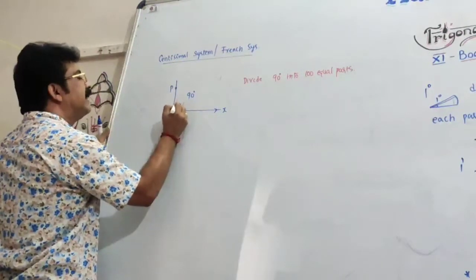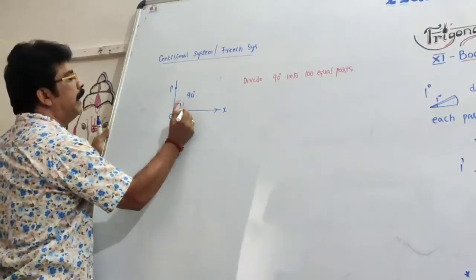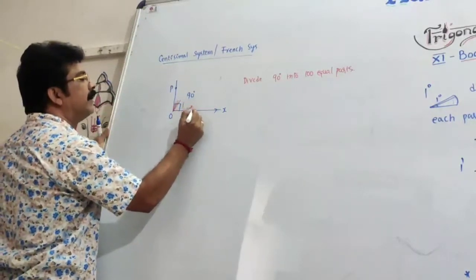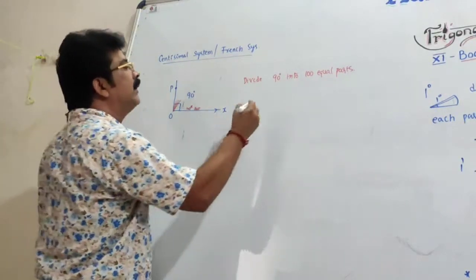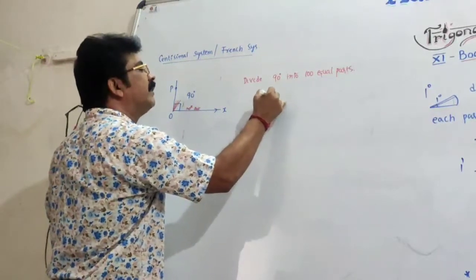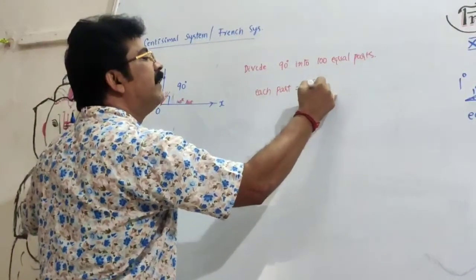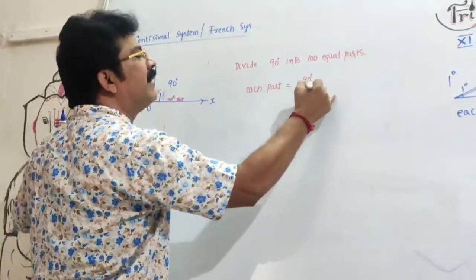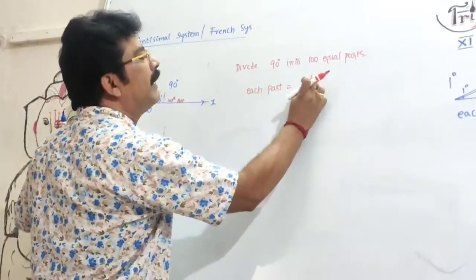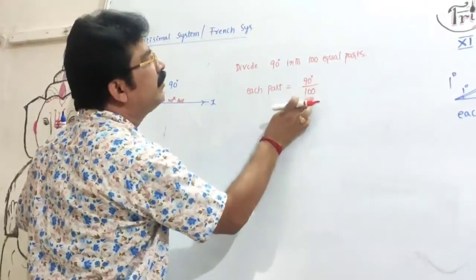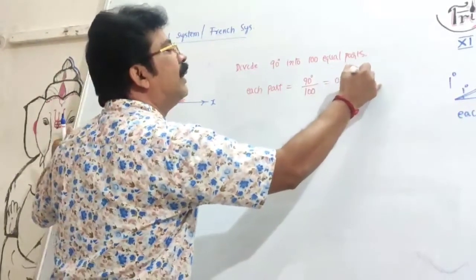First part, second part, third part, fourth, and so on up to the 100th part. Divide like that. Each part is equal to 90 degrees divided by 100. So this is called one grade.